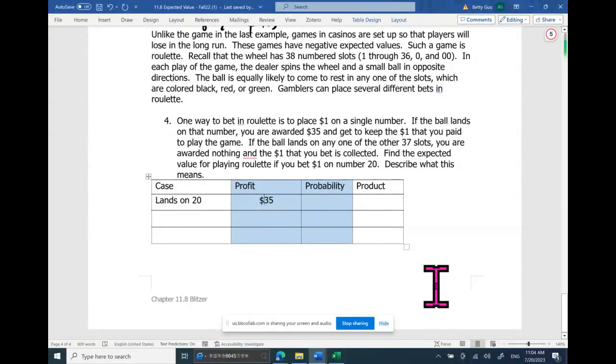So your profit is $35. You are awarded $35 and get to keep the $1 that you paid to play the game. If the ball lands on any one of the other 37 slots, not the number 20, then you are awarded nothing and the $1 you bet is collected. So negative $1, right?